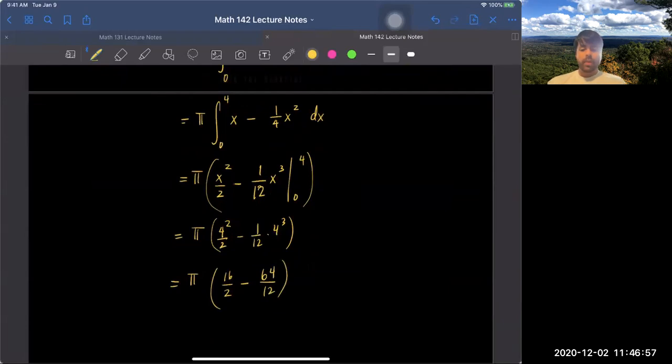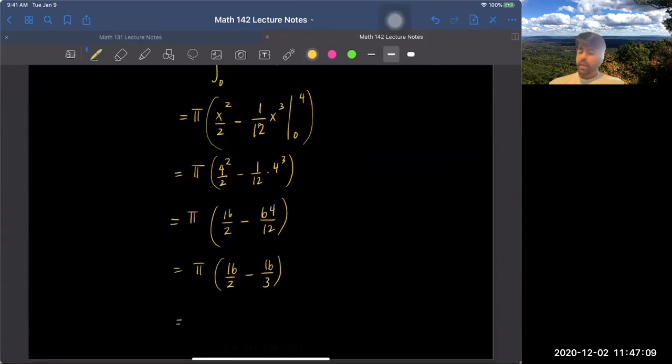I can divide by 4, and I get 16 over 3 minus 16 over 2, times pi. And then I can write this as pi times 3 times 16 over 6 minus 16 times 2 over 6. And then what would I get?